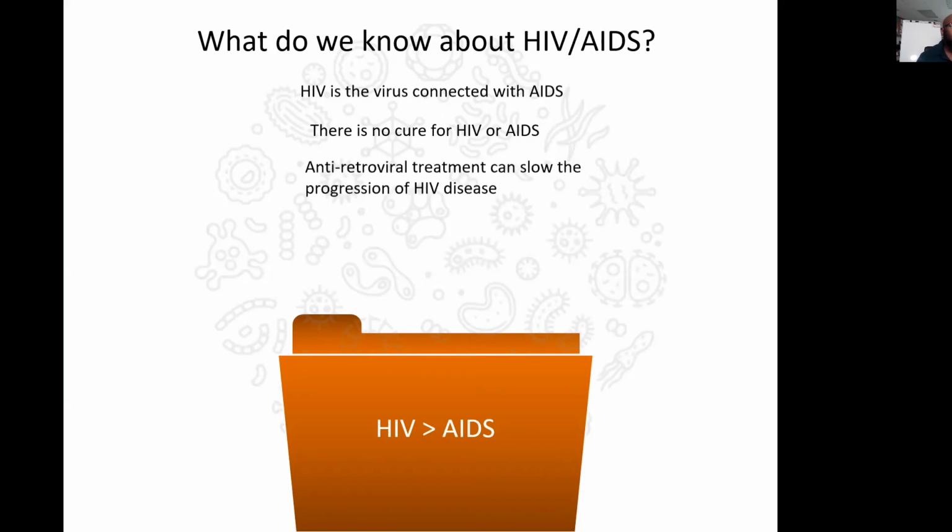Antiretroviral treatment can slow progression of HIV. So this is where if someone does have HIV, this is where the treatment component of it comes in, where a person can take this medication. It slows down the virus from multiplying and attacking your immune system.